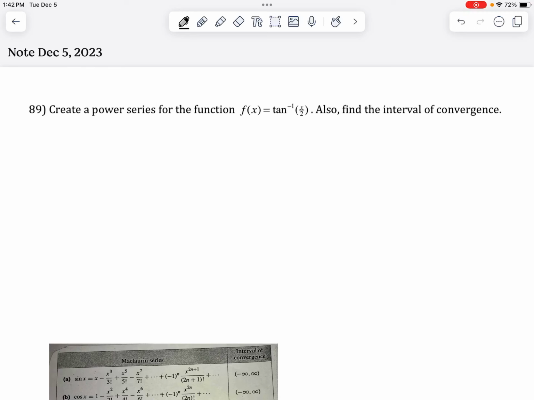So when creating a power series for a given function, you could start with one that you already know. So you could start with this geometric series, and then that converges to 1 over 1 minus x.